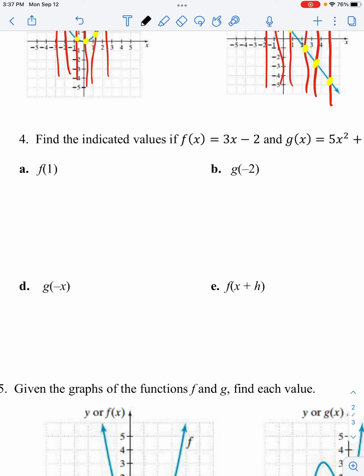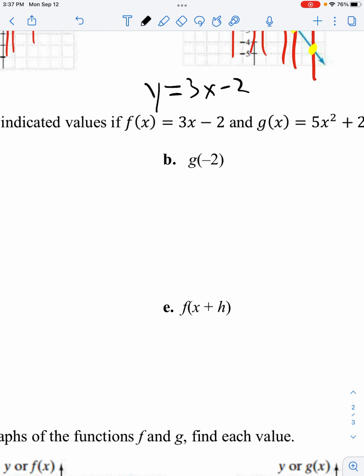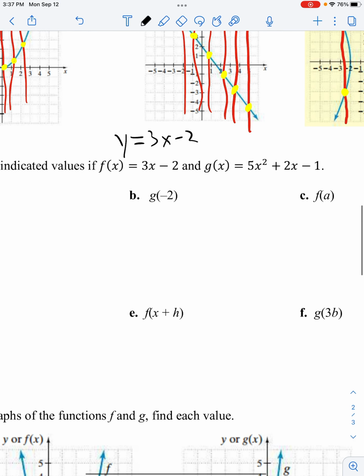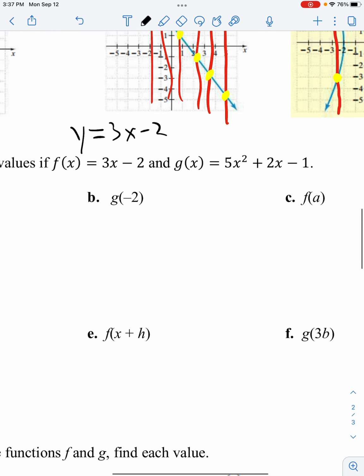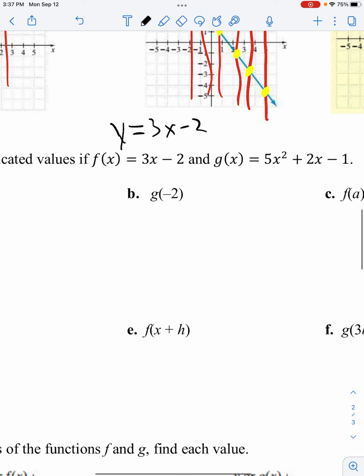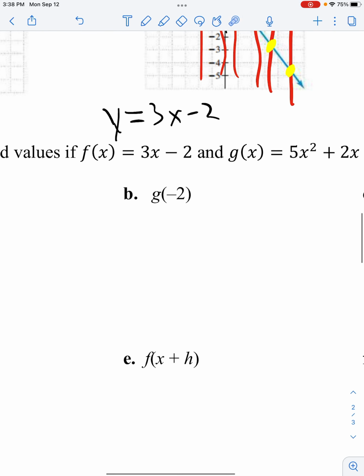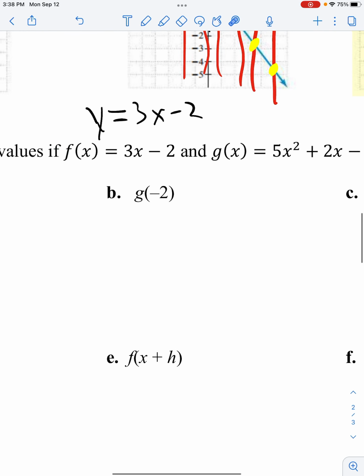Basically, all I did was instead of writing y equals 3x minus 2, I wanted to specify, if I want to graph two different functions or relations at once on the same graph, I don't want them both to be called y. So I basically just renamed them f of x and g of x.